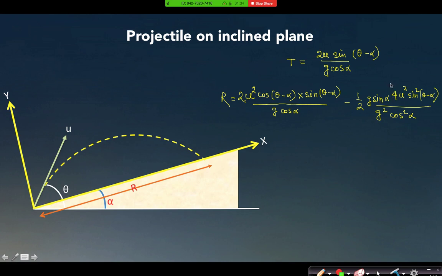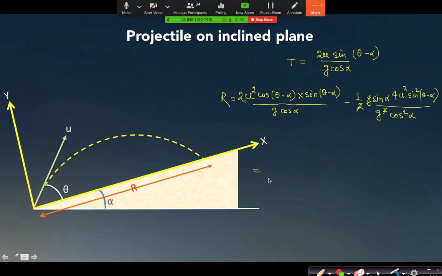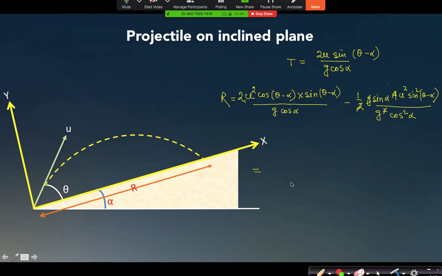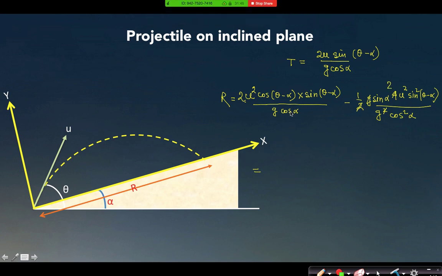We can simplify it in this way. In the second term I can cancel out g, and I can cancel 2 and 4, so 2 will remain there. In both the terms I will take 2u square by g cos square alpha common, but in the first term there is no cos square, so I can divide and multiply by cos alpha. I can take sin(theta minus alpha) common from both of them.